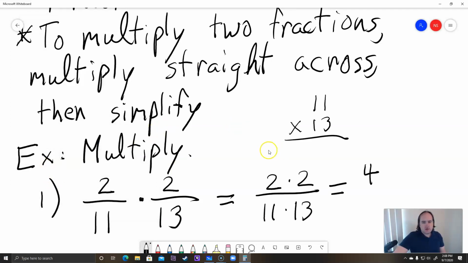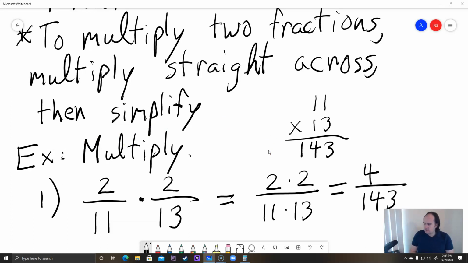It gives you 143. So our denominator is 143. Since we can't divide both 4 and 143 by a common factor, this is our answer.